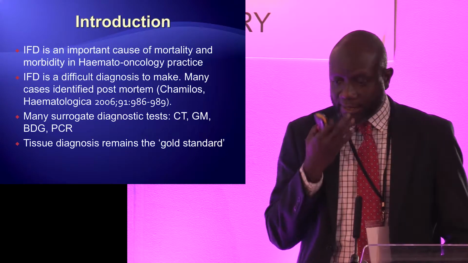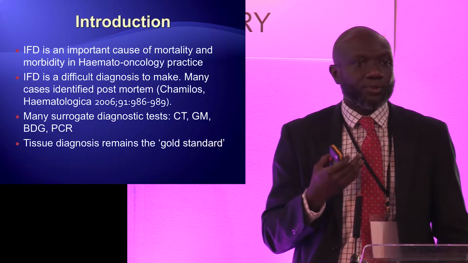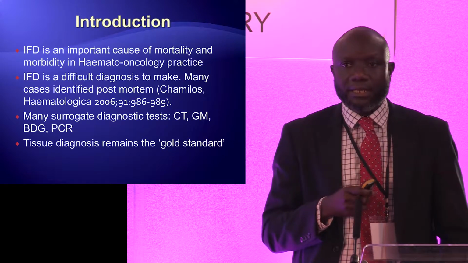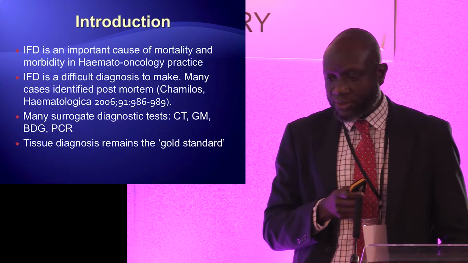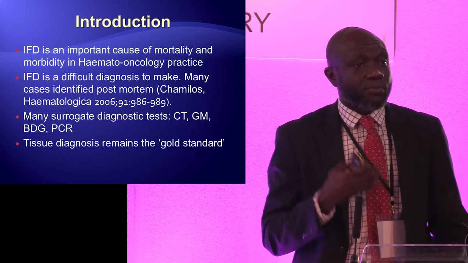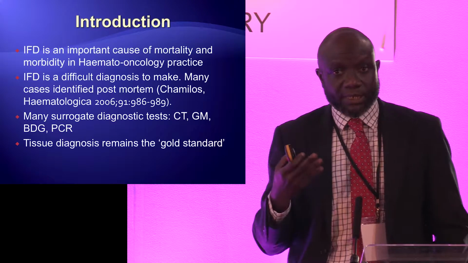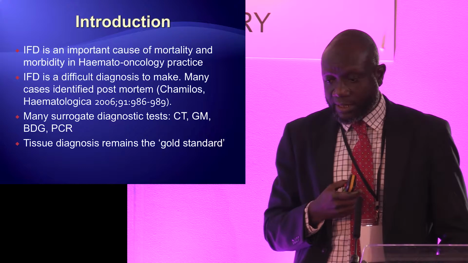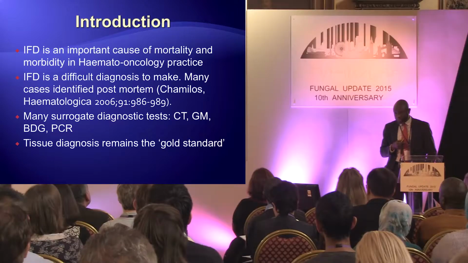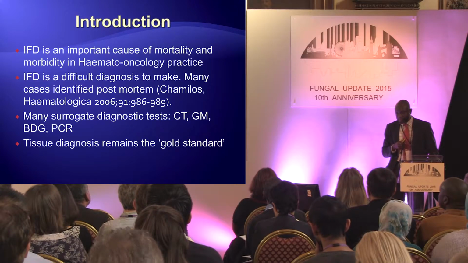And sadly, the number of post-mortems that we're doing has been declining in the last many years. So it's very possible that we're missing quite a lot of patients who might otherwise be diagnosed with fungal infection, if only we could diagnose them earlier.